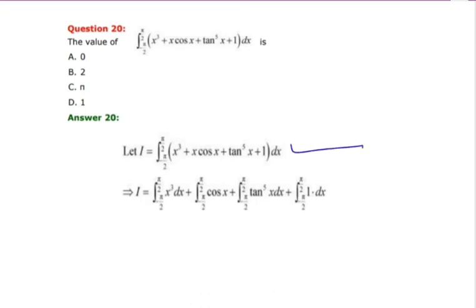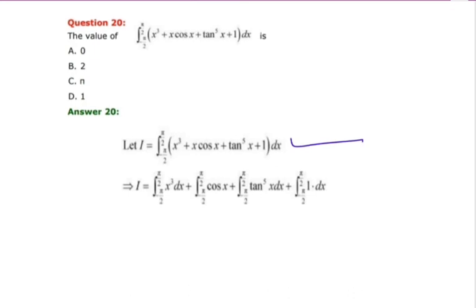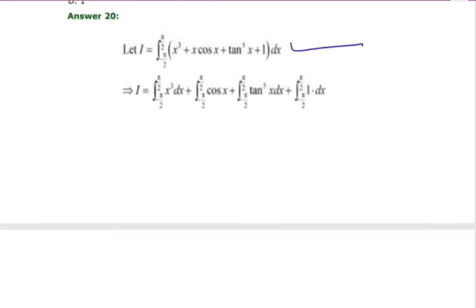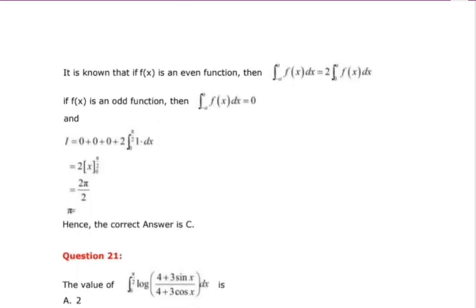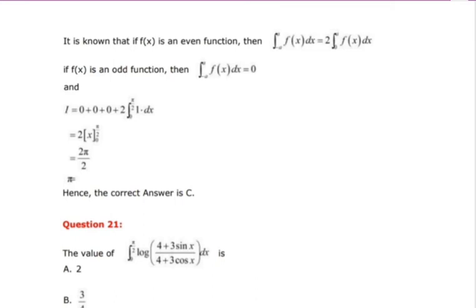Take it as I. So now taking separately here the limits as well as the derivative functions. So it is known that if f of x is an even function, we get this value. When it is odd, we get 0, right? So now after checking the values, the first 3 terms are odd functions, and the fourth one is an even function.